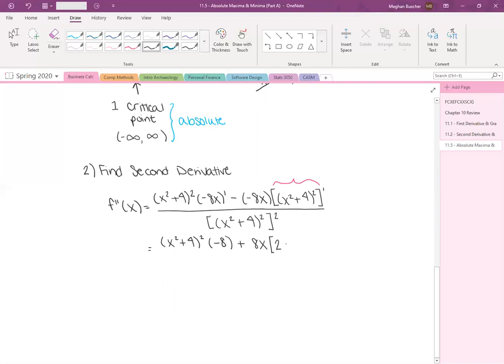So we're going to bring the 2 down, leave the inside alone, and then times the derivative of the inside. And then what happens here when we square a squared term? It becomes a fourth power. Exactly, exactly.